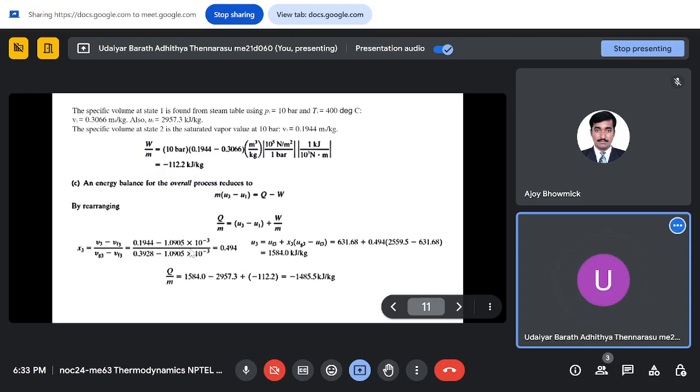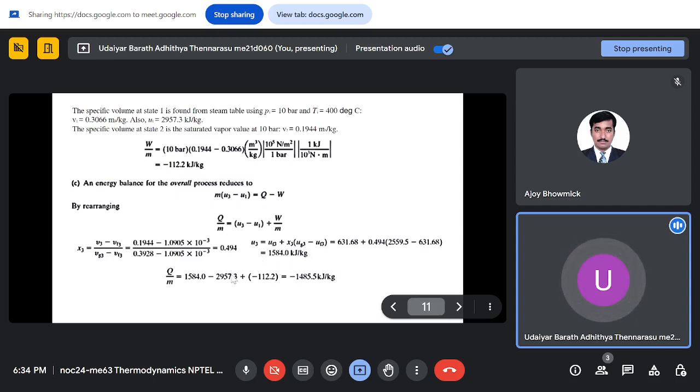So correspondingly at state 3 we can find out internal energy as internal energy at saturated liquid plus x into the difference in internal energy between saturated vapor and saturated liquid. So we substitute all the values here. We know x, and from the steam table we can find out for 150 degrees Celsius the saturated liquid internal energy and saturated vapor internal energy, and substituting that we'll find that u3 is 1584.0 kilojoule per kg.